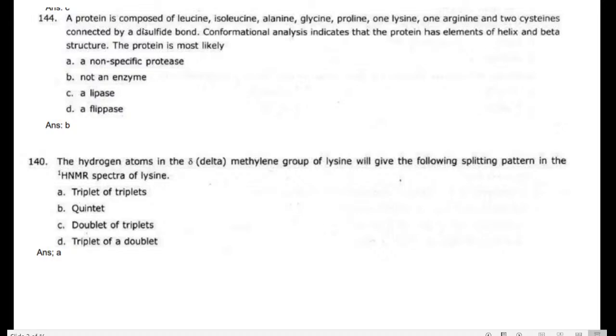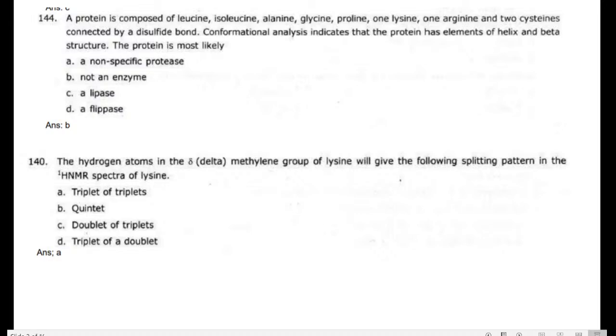A protein is composed of leucine, isoleucine, alanine, glycine, proline, one lysine, one arginine, and two cysteines connected by disulfide bonds. These are the components of the protein structure.